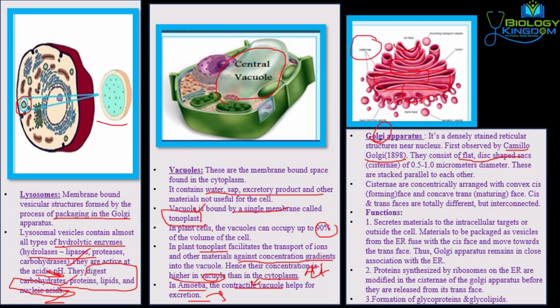They are concentrically arranged with the convex cis forming face and the mature trans forming face. So cis and trans faces are totally different, but they are interconnected. This is the cis face and this is the trans face. This helps mainly in the process of packaging of vesicles, of proteins synthesized by the ribosomes, which are present usually on the outer side, and the formation of glycoproteins and glycolipids.